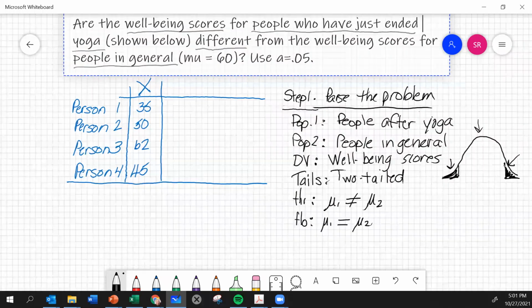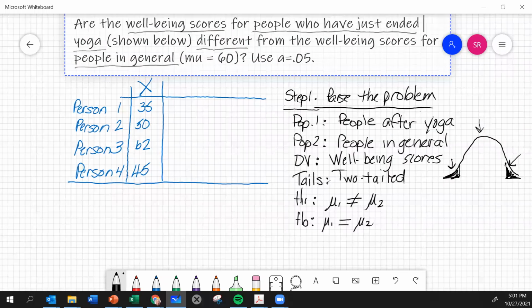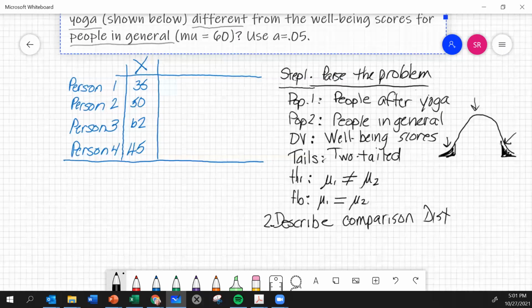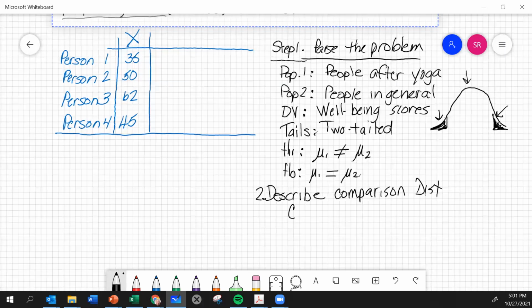We have our scores listed here. The first thing we have to do is to describe the comparison distribution. This is step 2. When you're solving your problems, go ahead and write these steps out. And we do this with both a picture and by describing the center, the shape, and the spread.